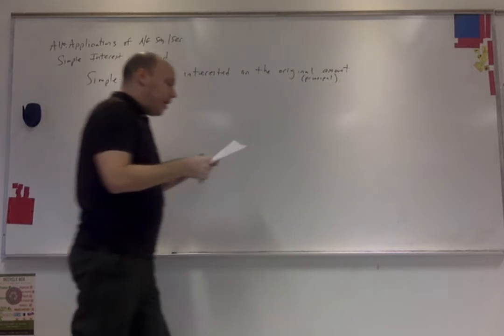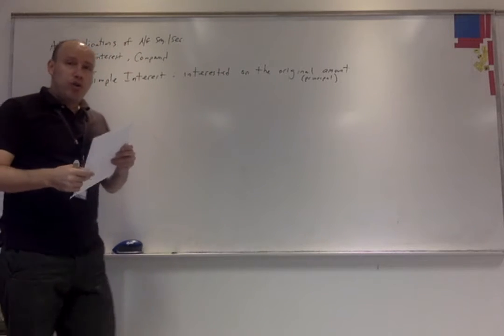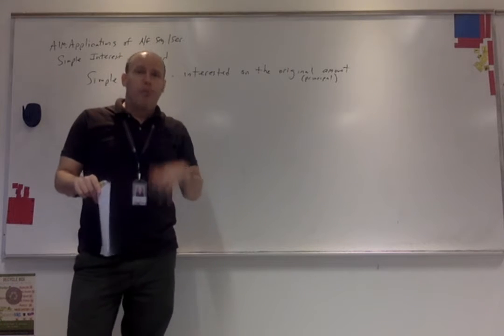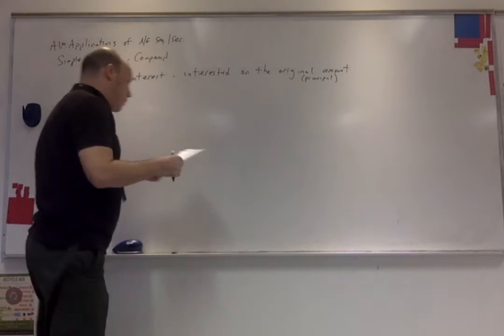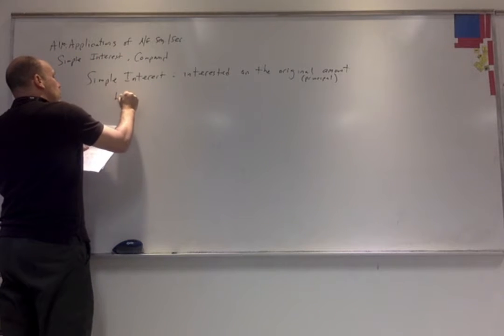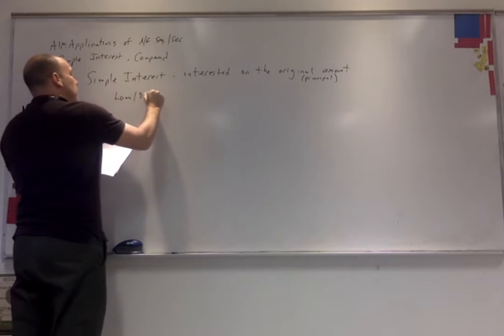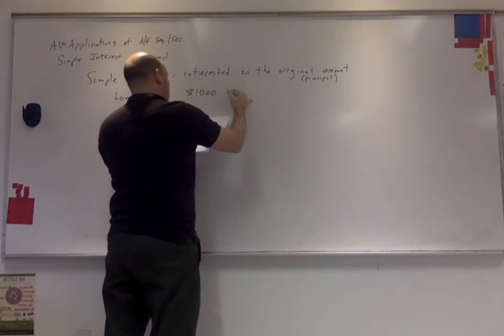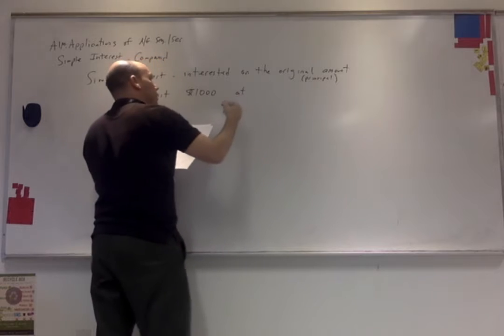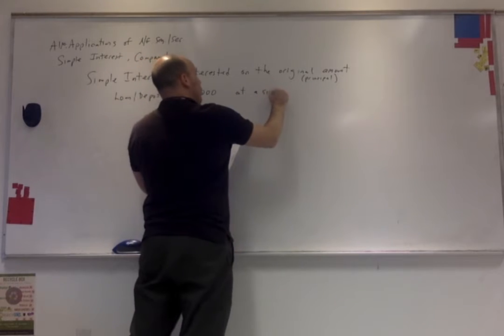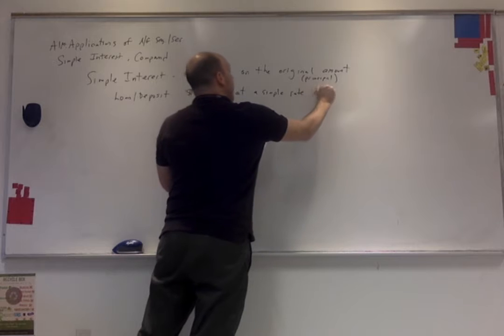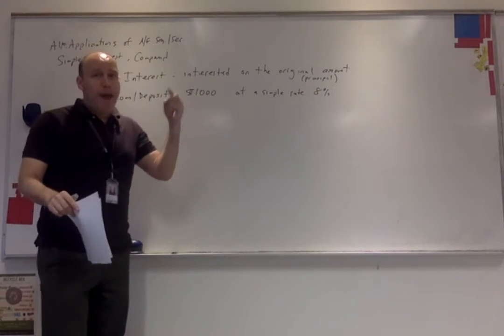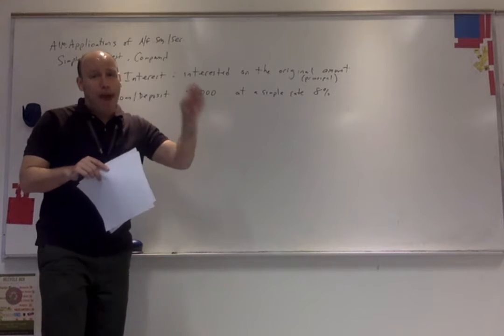The idea is if you put $1,000 in the bank or you take a $1,000 loan with simple interest, so let's say a loan or a deposit of $1,000 at a simple rate of 8%, that means that either the loan or your bank only grows $80 every period.